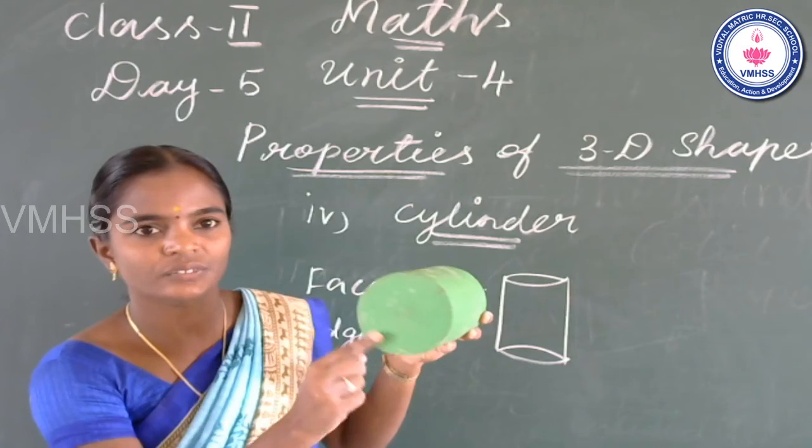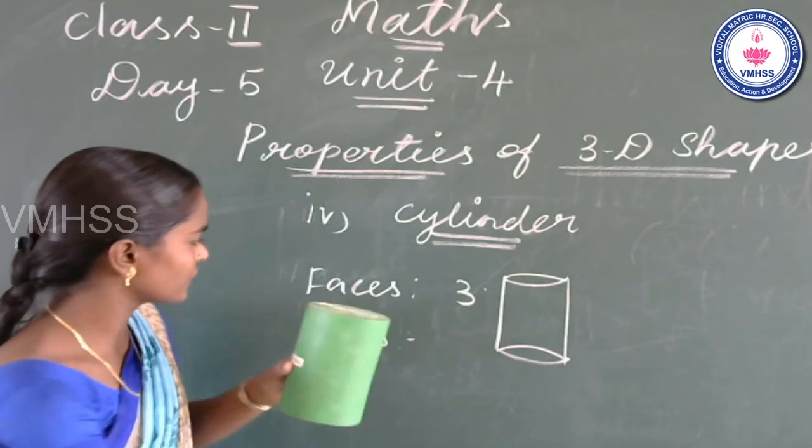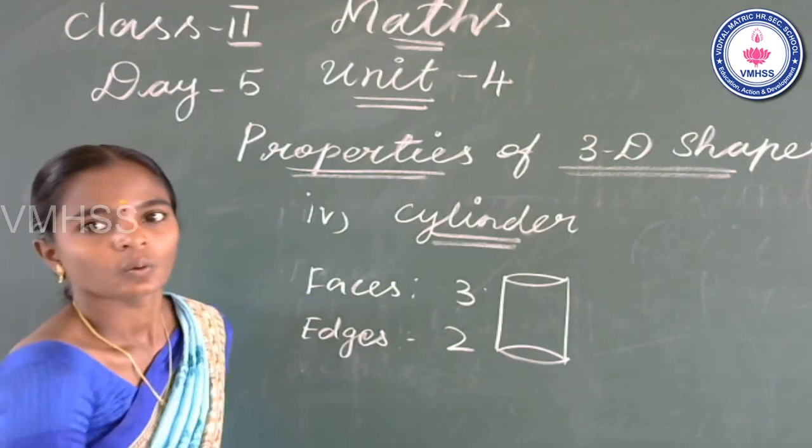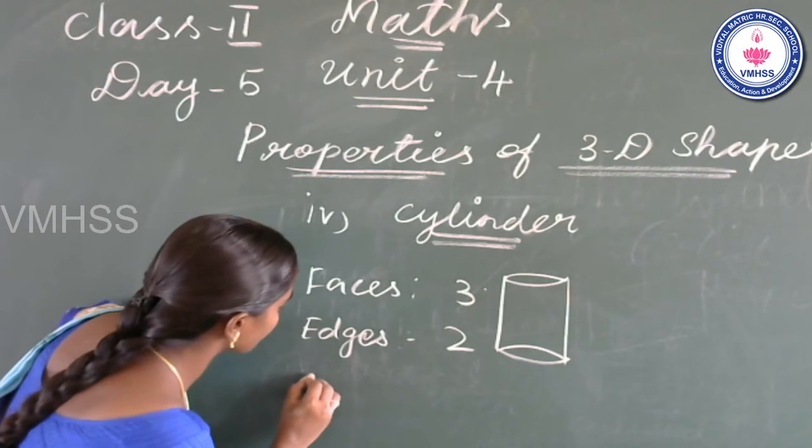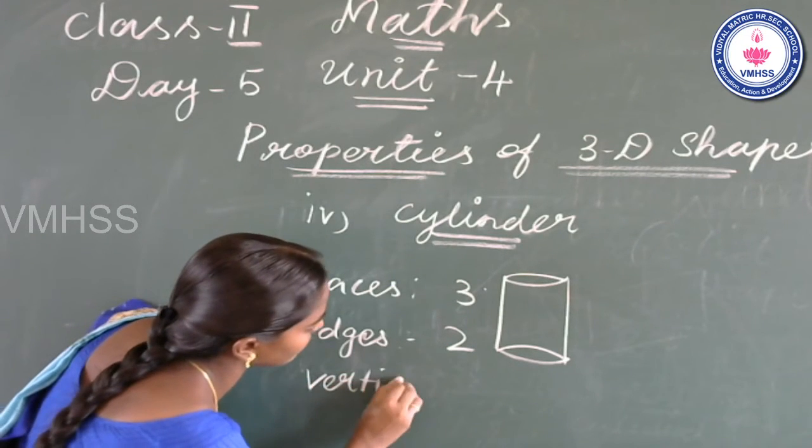So this edge. Edges 2. Okay children, next corner. Corner means vertices.